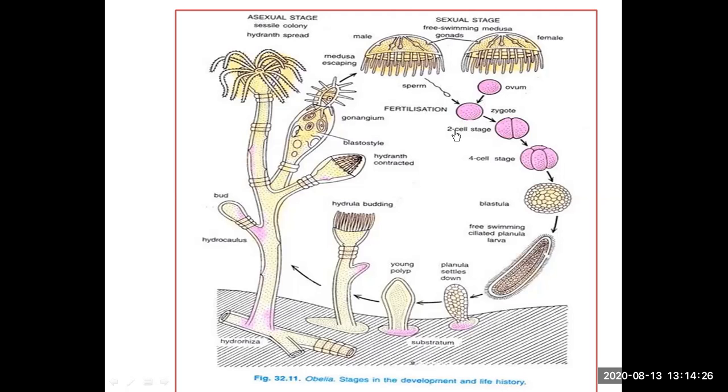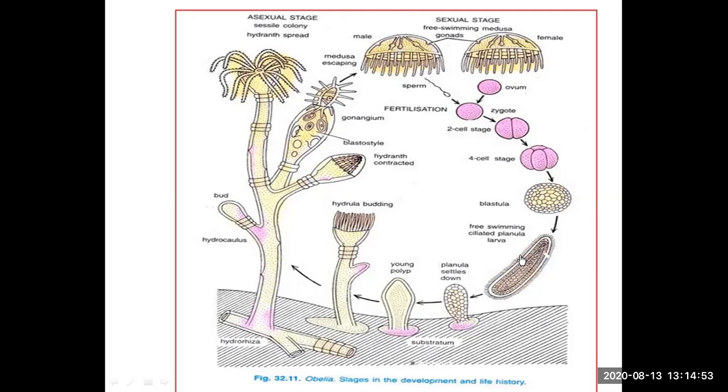The zygote divides by cleavage. First it divides into two cells, the second division gives four cells, and after further divisions it forms a blastula. The blastula is free swimming, enlarged and ciliated.